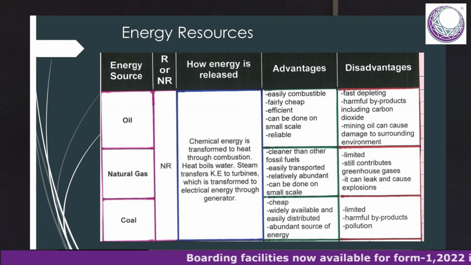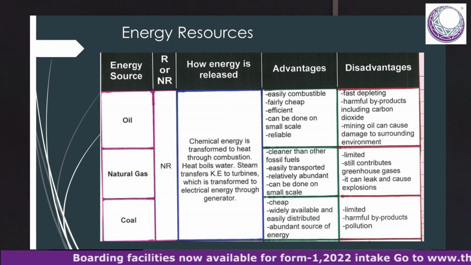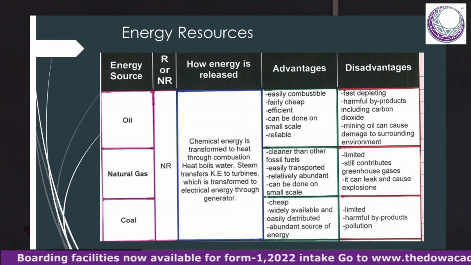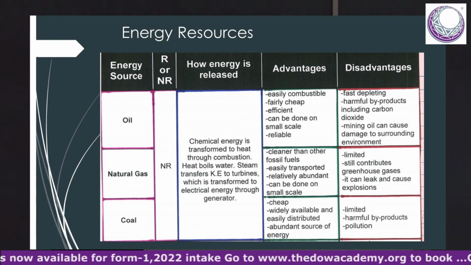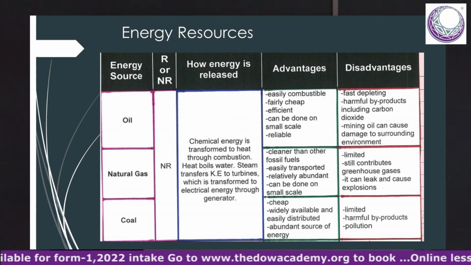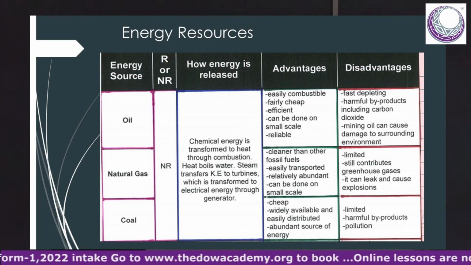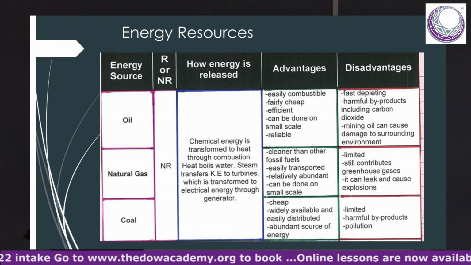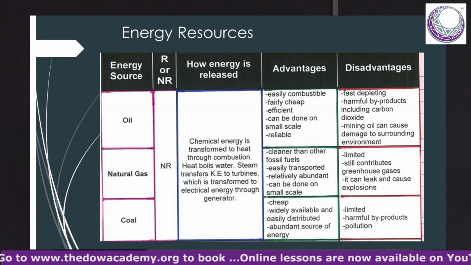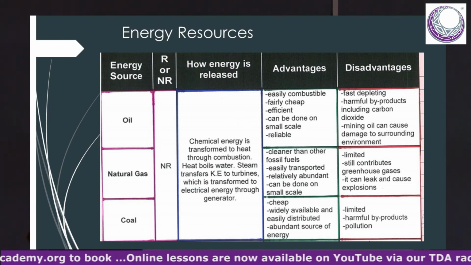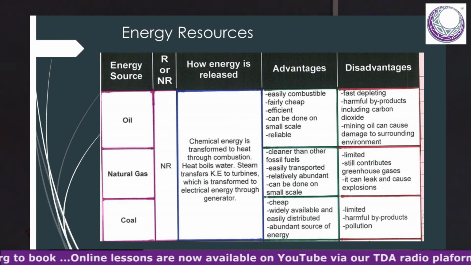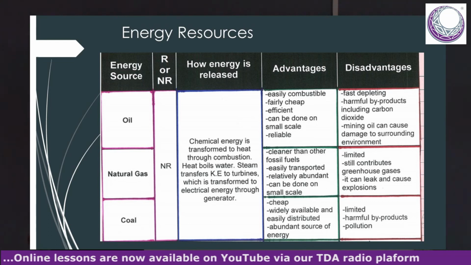We have this group that we've bunched together here: oil, natural gas, and coal, which are chemical energy sources. They store chemical potential energy. Oil, yes, that is chemical energy. Natural gas, which is mostly methane, is also chemical. Then coal, mostly carbon, again it's chemical.